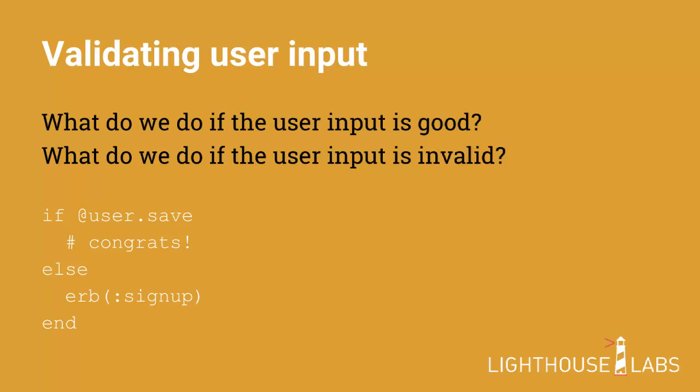If not, and this is the convention, this is the standard by which we abide, we re-render that same form. We don't have to necessarily, but that's what we do. So on success, you redirect, not depicted here. On failure, render the same form.